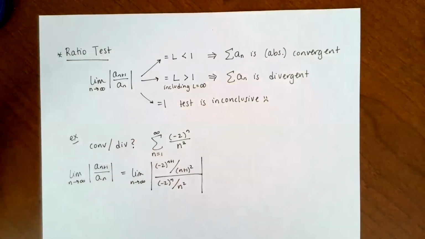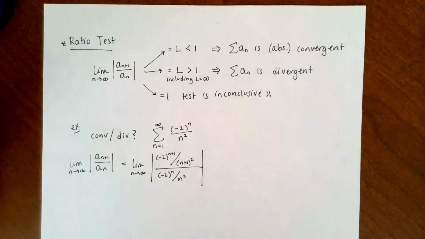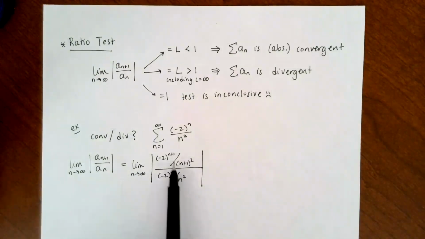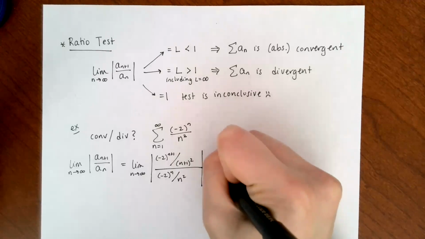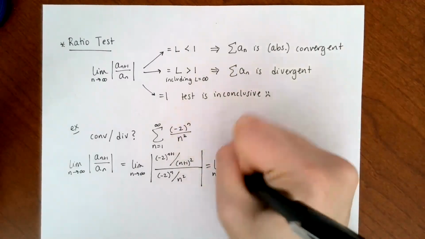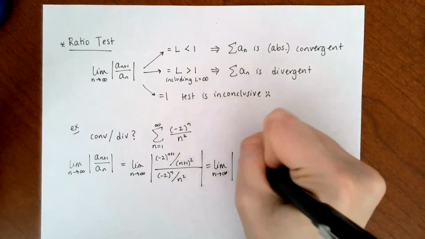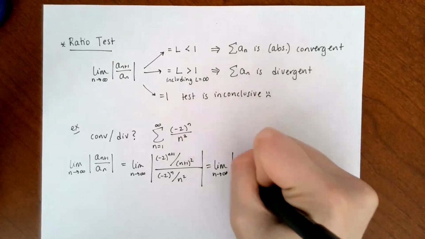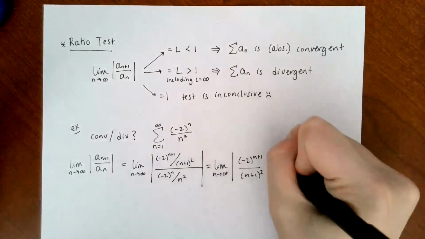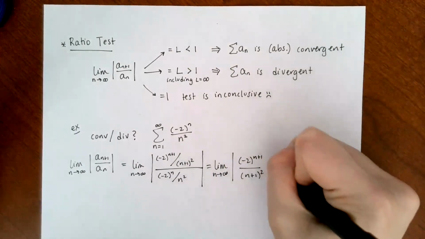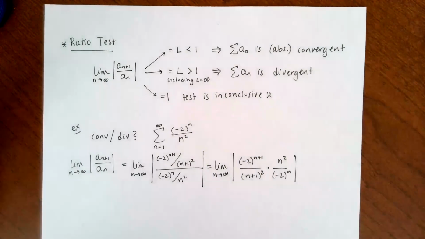And of course, looking at this giant fraction sandwich is unpleasant. So we're going to immediately switch it so that it's the top times the reciprocal of this denominator. And then we'll have an easier time figuring out what we're looking at. Okay, so I have just the (n+1) term, and I have times this term upside down, so that's n squared over (-2)^n.